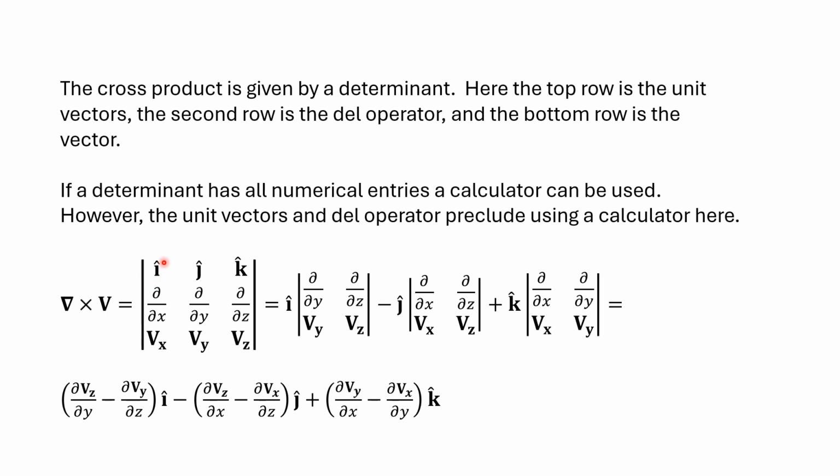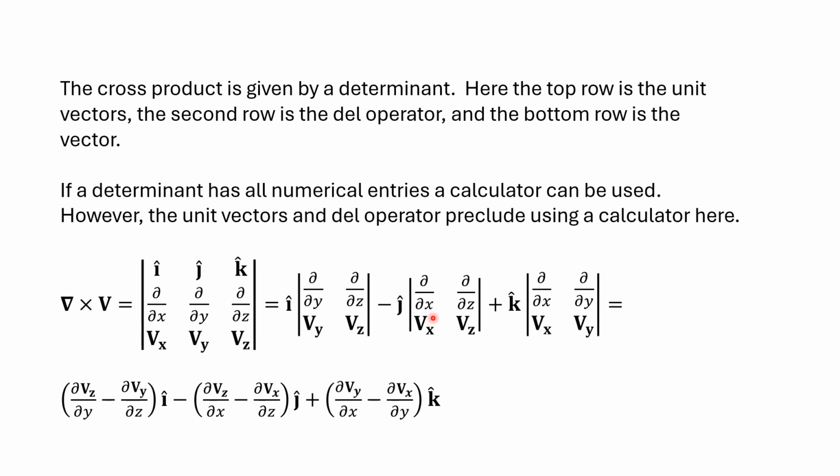Expansion by minors means I take the top left position, i, and then I make a 2 by 2 determinant with what's left: partial with respect to y, partial with respect to z, Vy, Vz. Then we alternate signs, so we have a negative j from here, and then we don't use this column, but we use this column and this column.